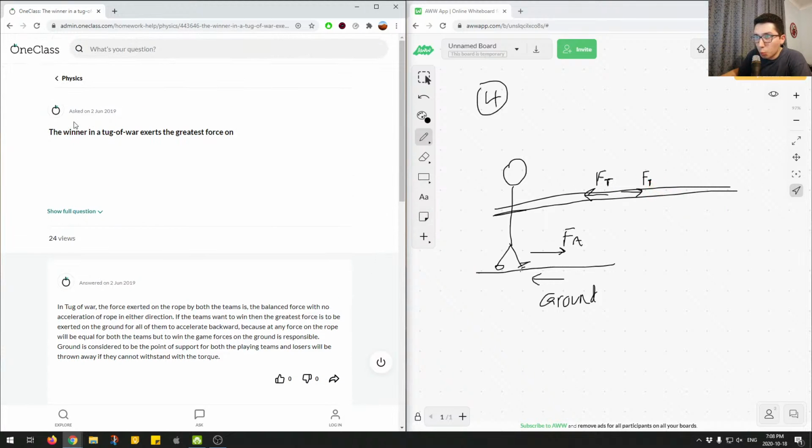We know that the winner of this situation would be whoever pushes on the ground more, which would essentially help them pull the rope even more, and then it would make the F net in their direction. So the F net direction will start pulling in their direction, because they're exerting the greatest force on the ground.